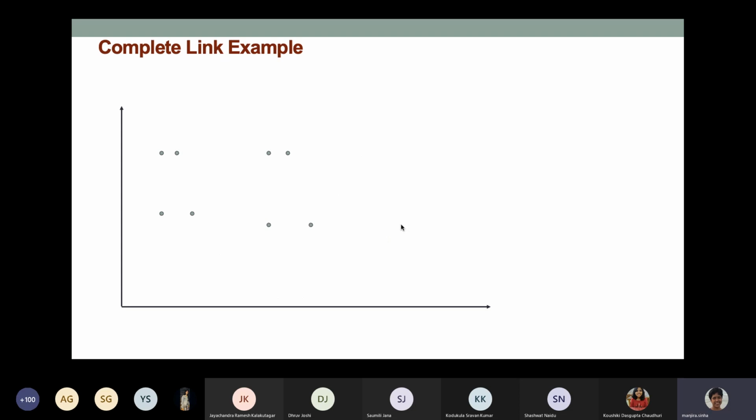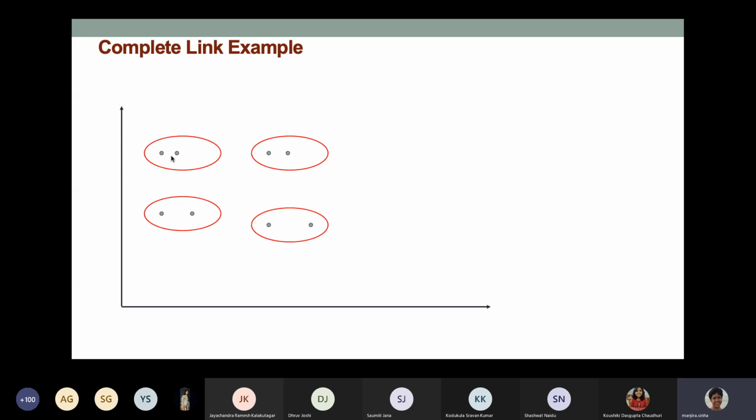Now, on the same diagram, if we do the complete link example, we determine the similarity between the two clusters based on the set of nodes which are farthest apart from each other. These two will be the same, so for the first step I come up with the same set of clusters.